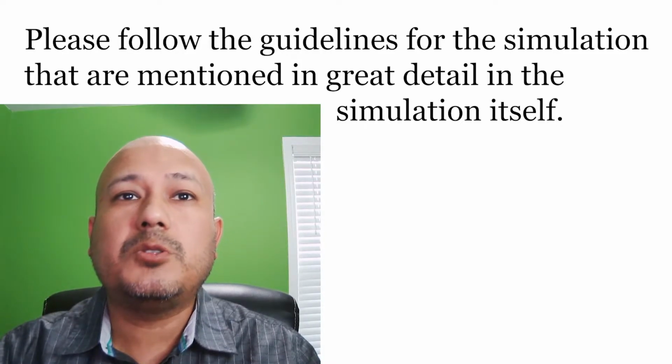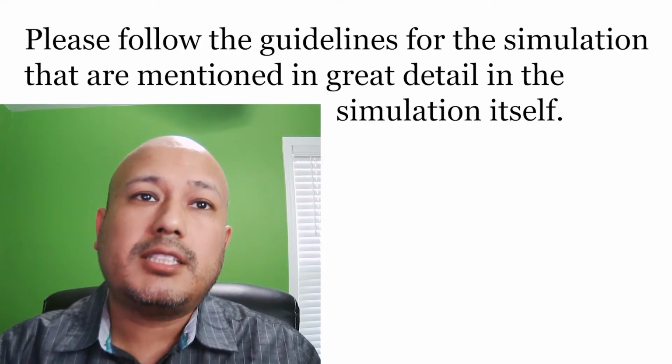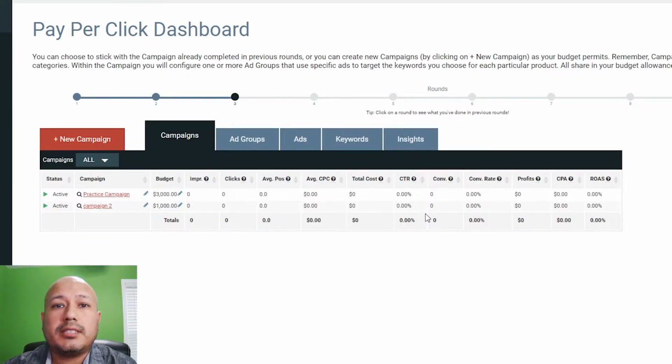So let's just go over and take a look at some of the examples. Let's take a look at one of the students' performance and how the ad groups performed for that particular student. As we know, there was a requirement that we create 2 campaigns for round 2, and this is the result for round 2, and the student has created 2 campaigns.